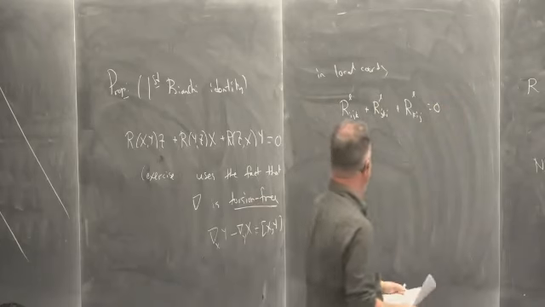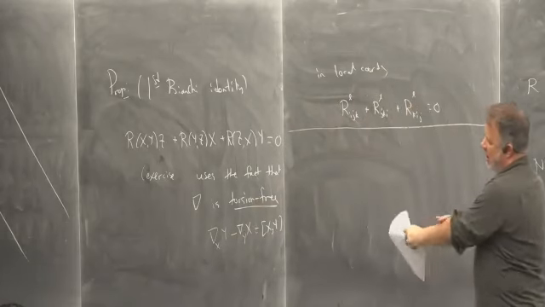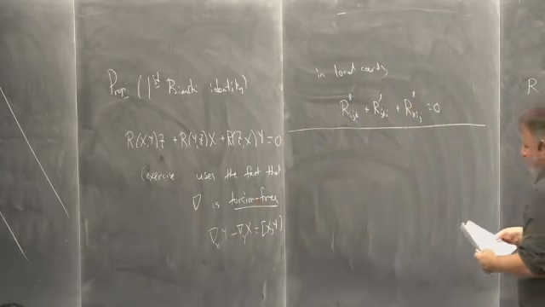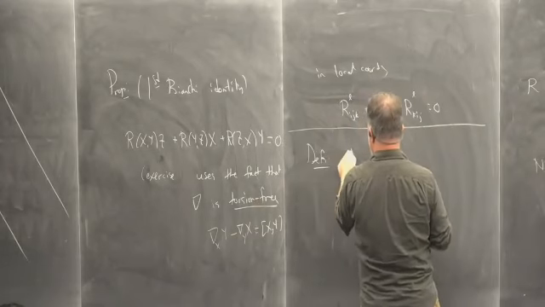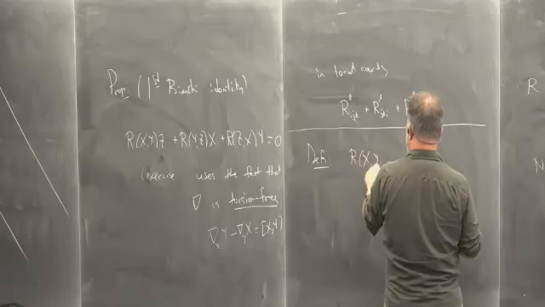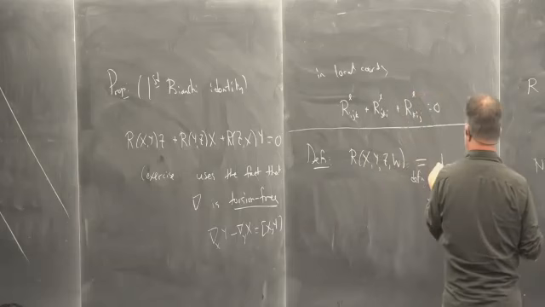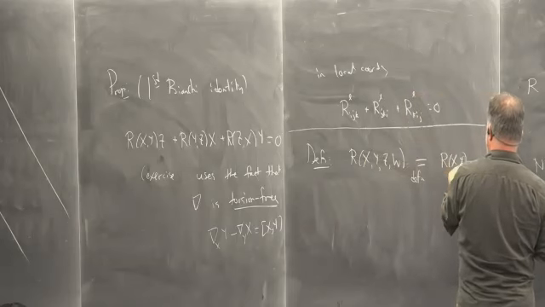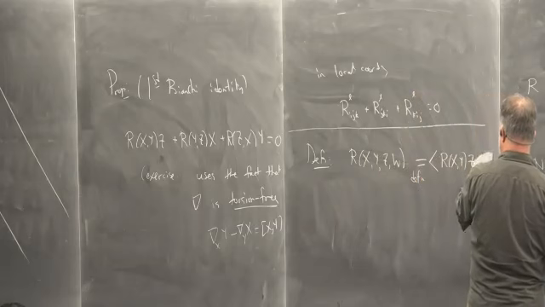Now what we can do is use the metric to change our 1,3 tensor into a 0,4 tensor. So here's the definition. R of x, y, z, w is defined to be: you calculate R of x, y applied to z, and then you take the inner product with w.